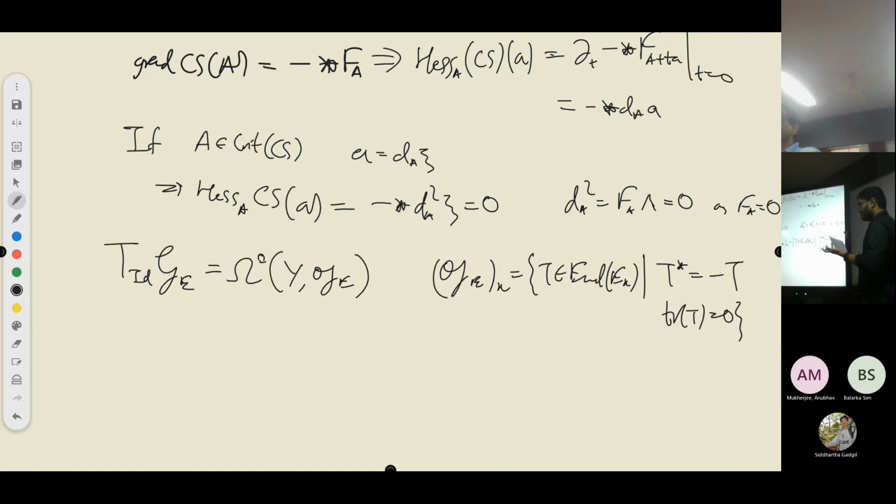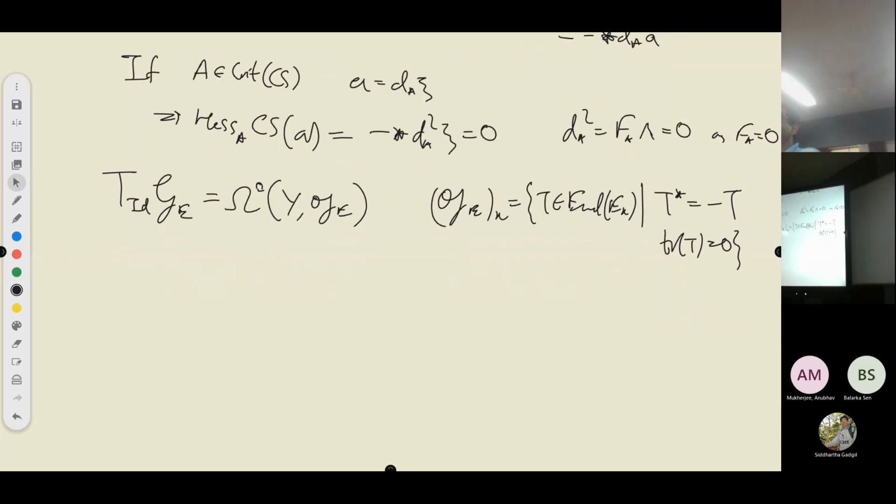Okay. So now that we have what the tangent space of the gauge group is, we can look at what the infinitesimal action of the gauge group on the space of connections is. Okay, and we'll get a neat expression for this. So put it in words.